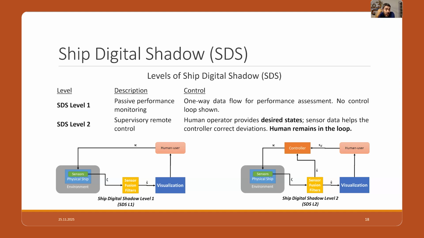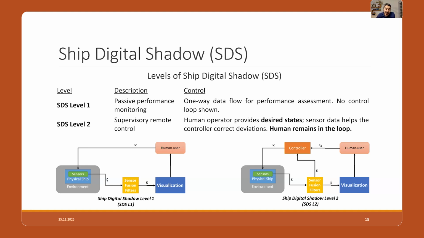In the second level, the human operator provides desired states, and sensor data helps the controller correct deviations, but the human still remains in the loop. In a digital twin, as we will see in a couple of minutes, we are generally outside the loop, but here we are still inside the loop. Humans are still inside the loop.